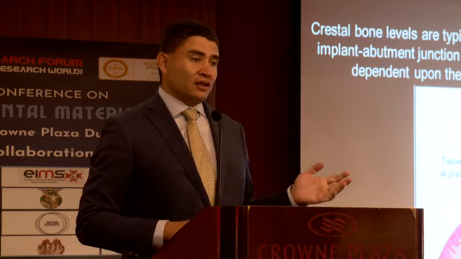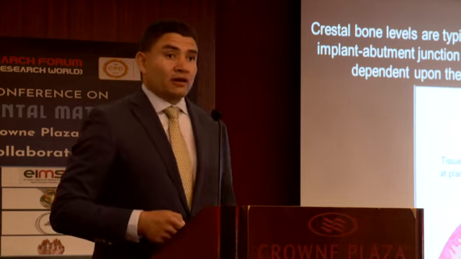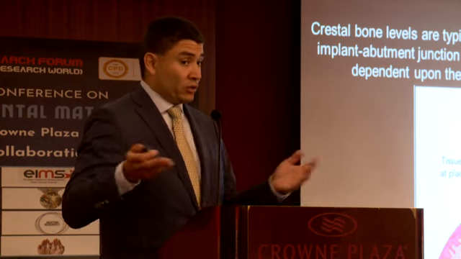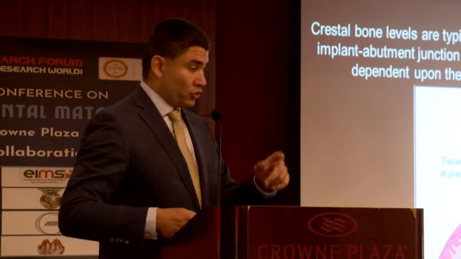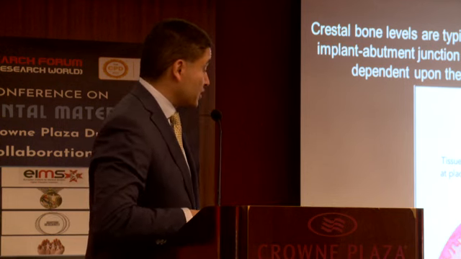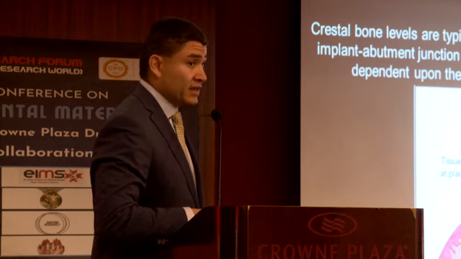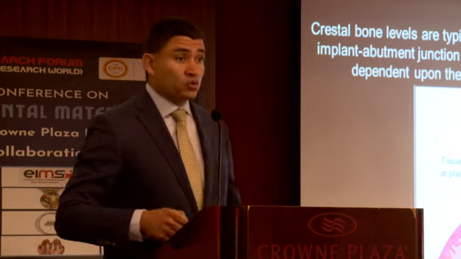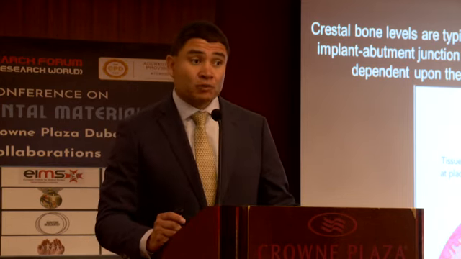So now start thinking, if you have an implant, whatever implant manufacturer you place, I don't care what implant you place. I'm not going to tell you what's better or worse. That's for you to decide. If you have an implant manufacturer that all of a sudden has a roughened surface all the way to the implant abutment interface, and you're going to lose bone from that interface about 1.5 millimeters, guess what? The roughened surface is exposed to the oral cavity.